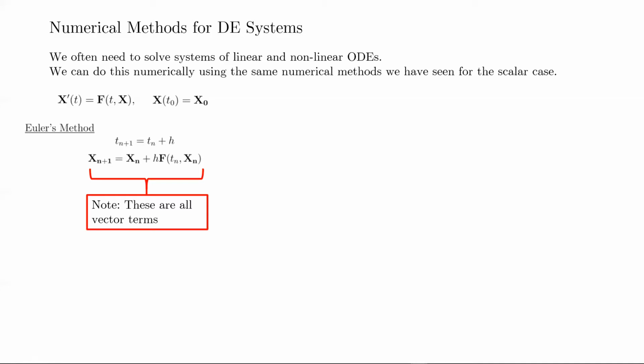Remember, these are all vector terms. This is actually quite simple to apply to a system. It's exactly the same formula, we just apply it to more than one equation at once. Effectively it's the same thing.